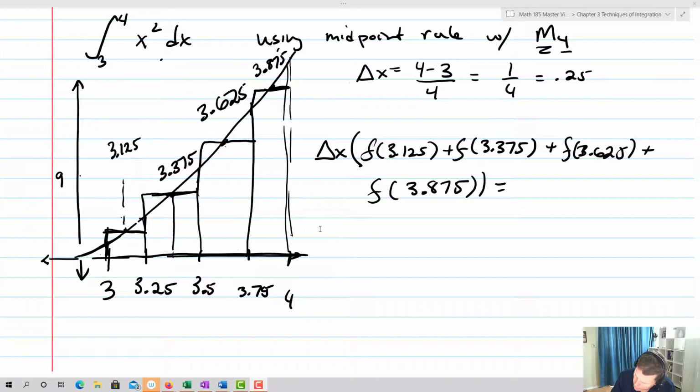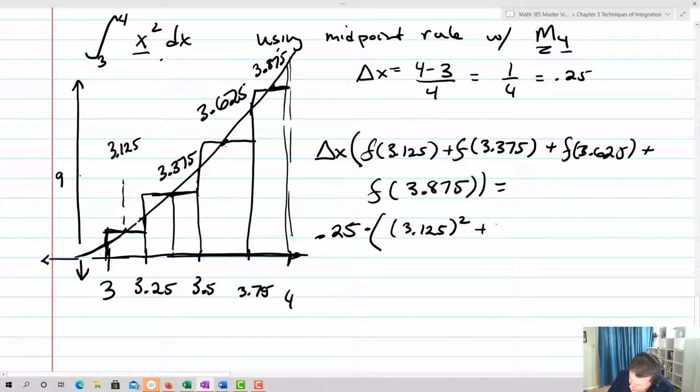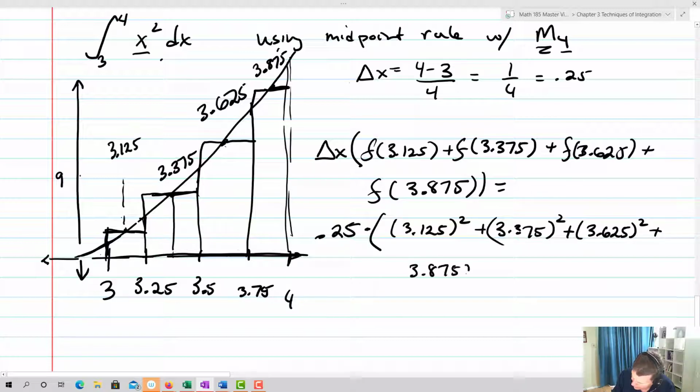And what this will equal then is 0.25 times 3.125 squared, because our function is, remember, x squared, plus 3.375 squared, plus 3.625 squared, plus 3.875 squared.